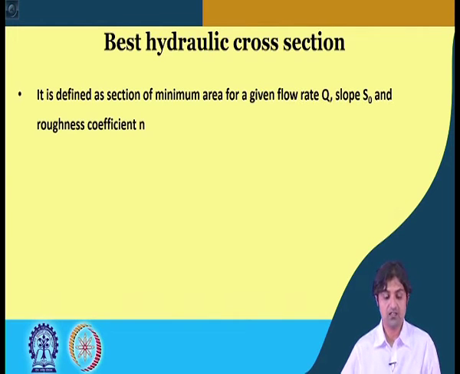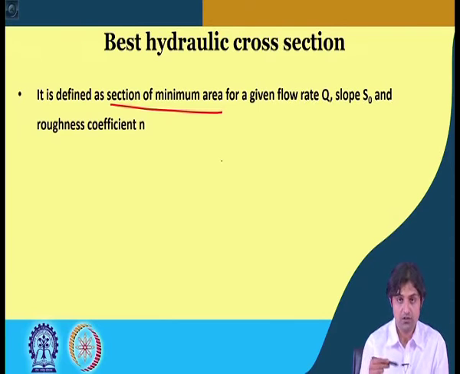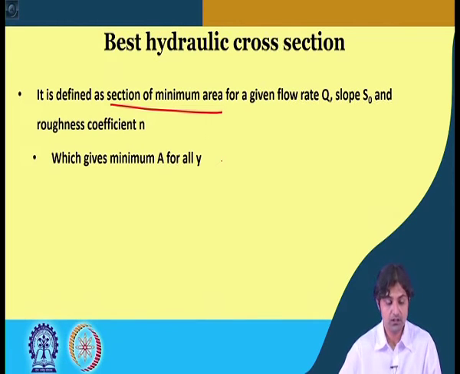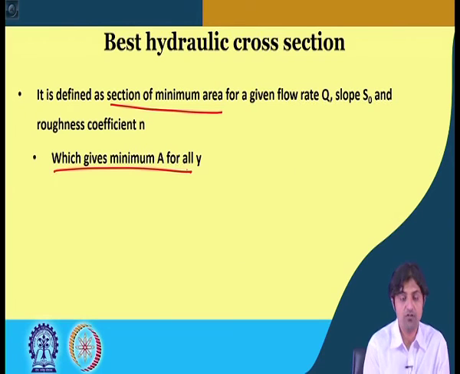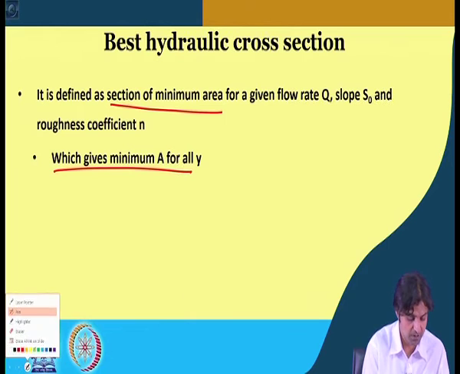It is defined as the section of minimum area for a given flow rate Q, slope S naught and roughness coefficient N. That is, it gives minimum area A for any depth y. This is the definition of the best hydraulic cross section.